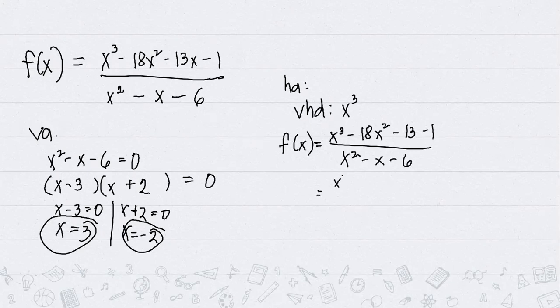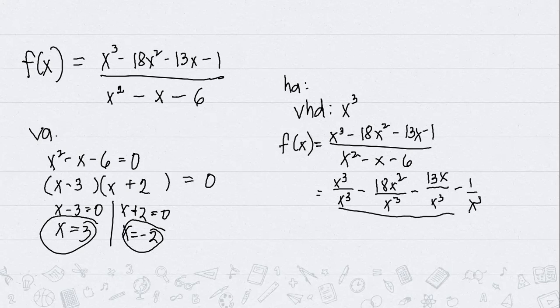We divide all of the terms by x cubed: x cubed over x cubed minus 18x squared over x cubed minus 13x over x cubed minus 1 over x cubed, all over x squared over x cubed minus x over x cubed minus 6 over x cubed.